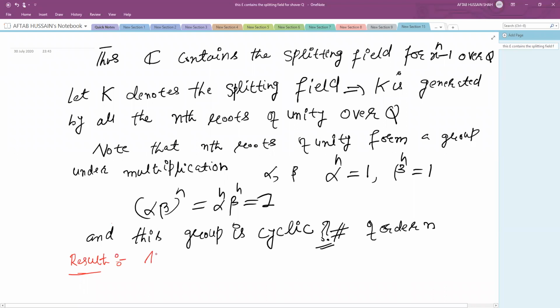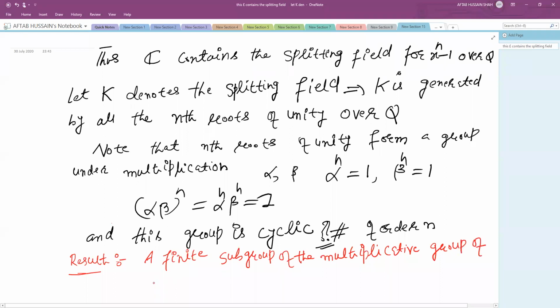A finite subgroup of the multiplicative group of a field is cyclic.